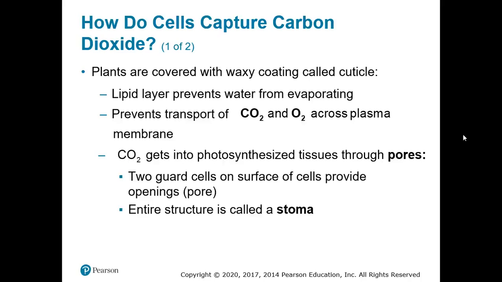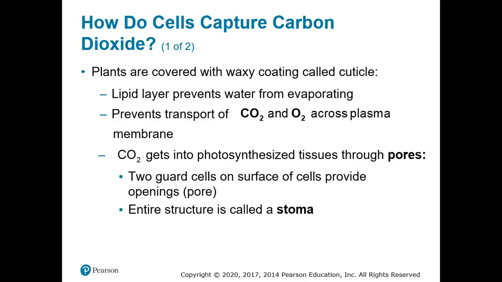But if we don't import CO2, there will be nothing to make sugar out of, okay? No carbohydrate. And if we have too much oxygen that we produce that has no way of getting released, that's also going to be bad. So we have to figure out a way to capture and bring carbon dioxide into our plant tissues.